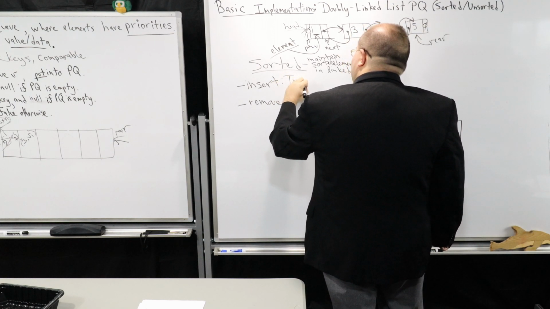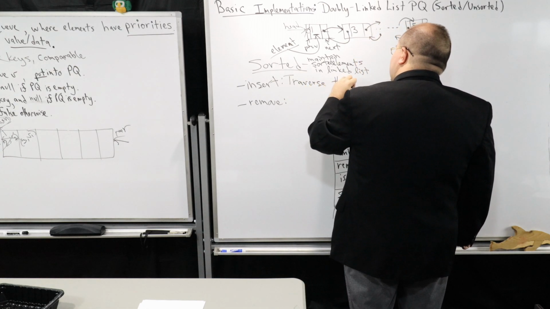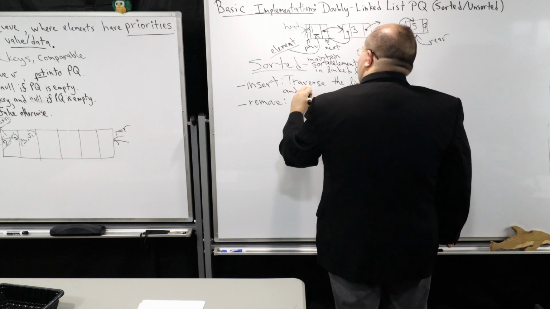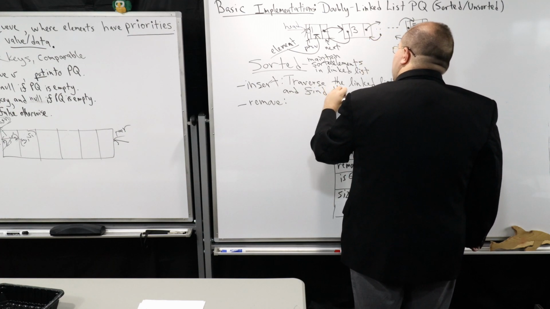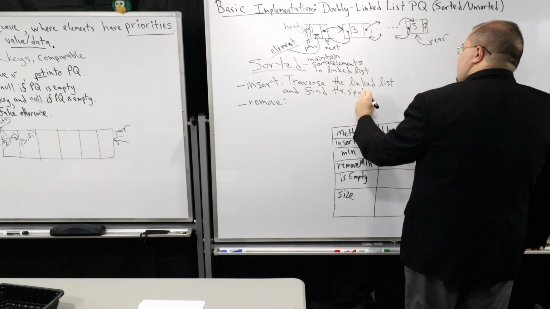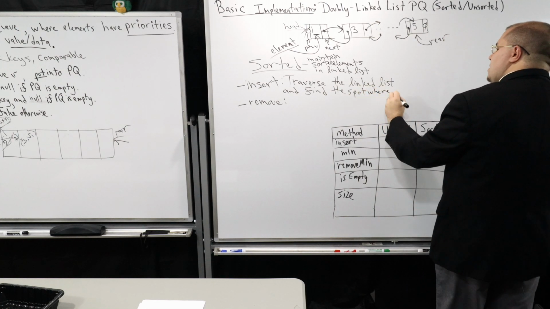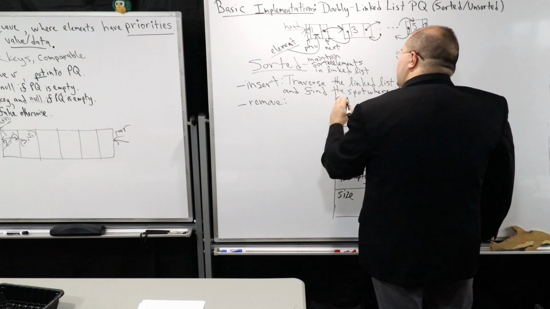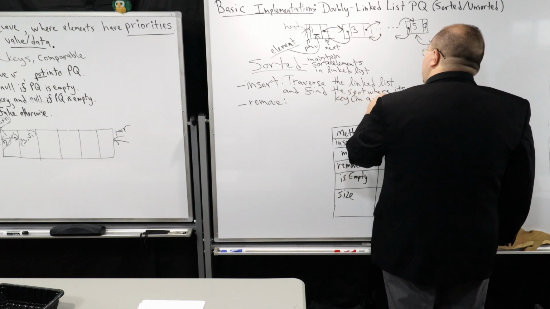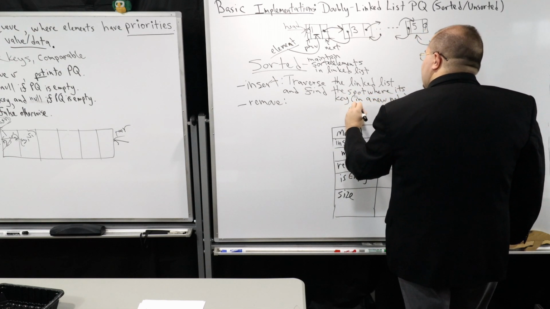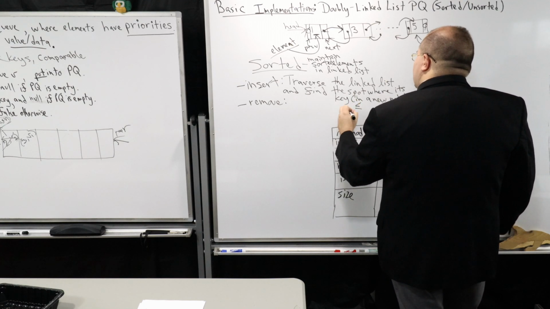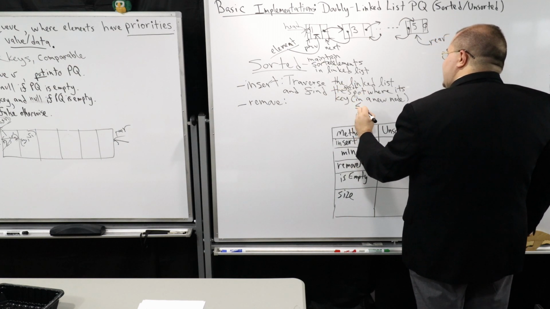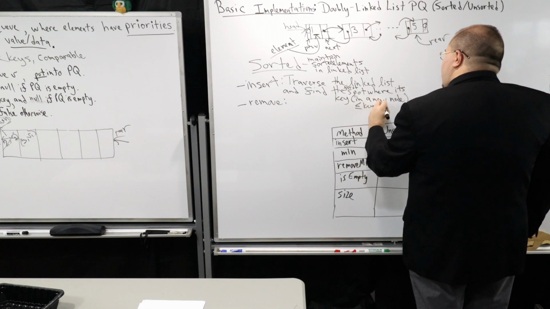So you would traverse the linked list and find the spot where the key of the new node is, technically, the first spot where it's less than or equal to the key of the next node.